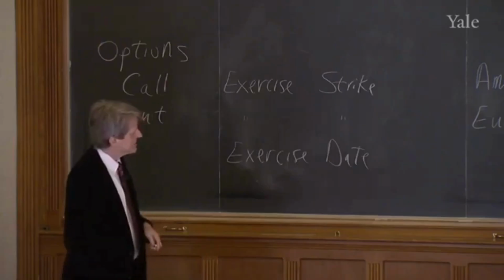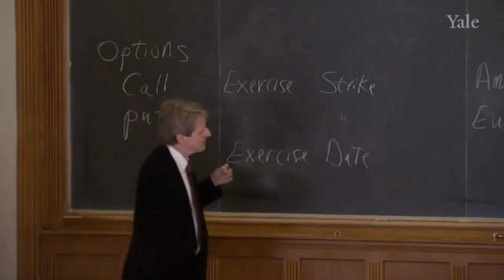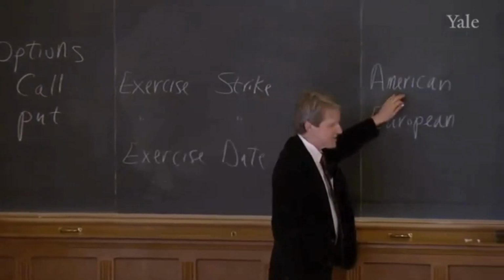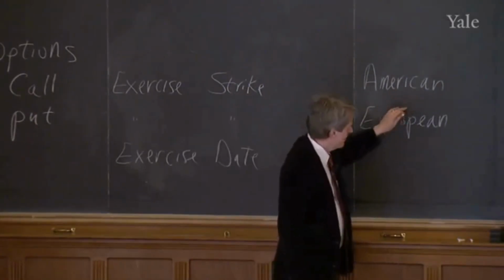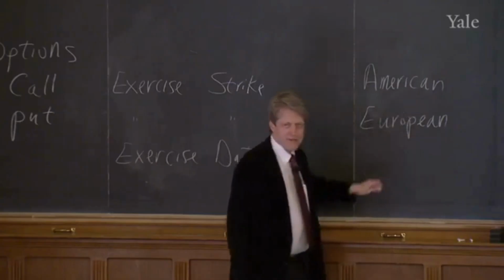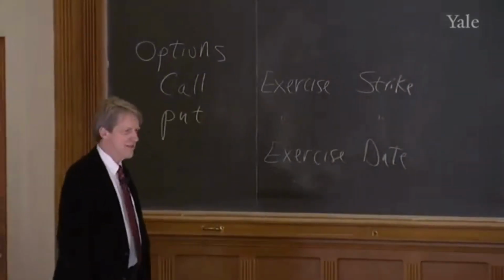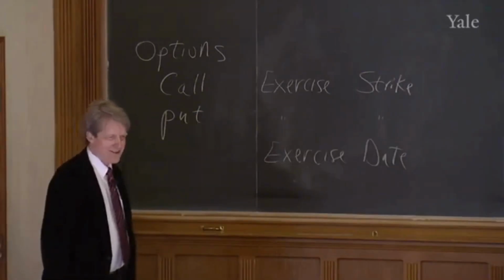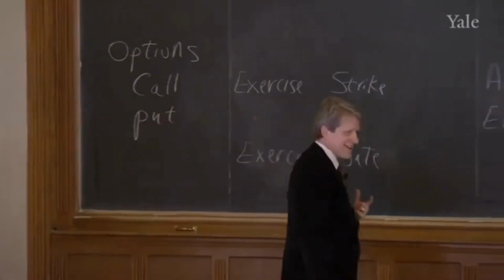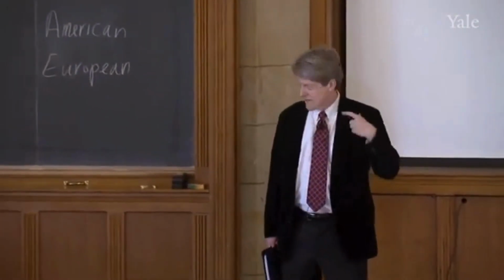So the American option is better than the European option for the buyer, because the American option can be exercised at any time until the exercise date, whereas a European option can be exercised only on the exercise date. The American option has to be better, or not worse than, I don't know if it's strictly better, but not worse than a European option, because you have more options.